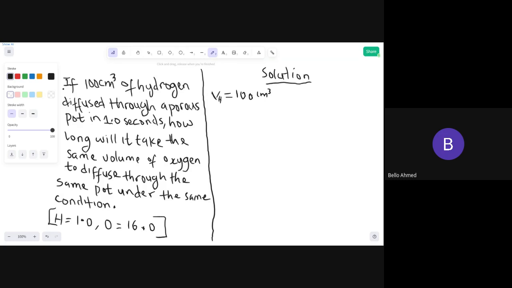So the time it takes for it to diffuse is 1 second.